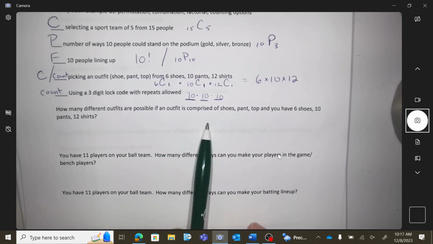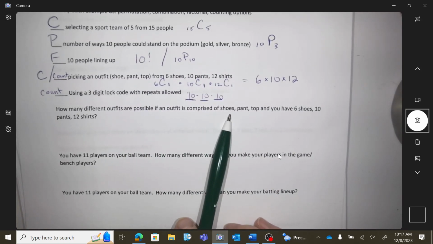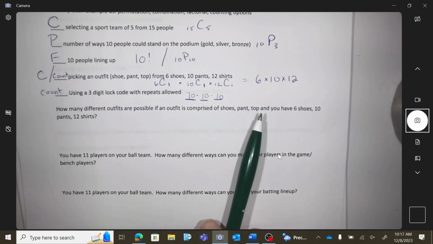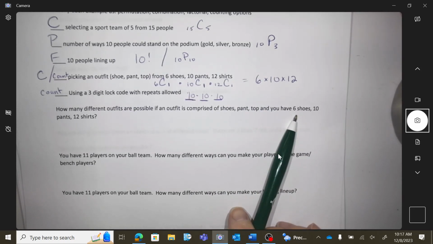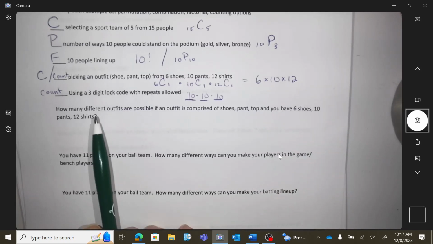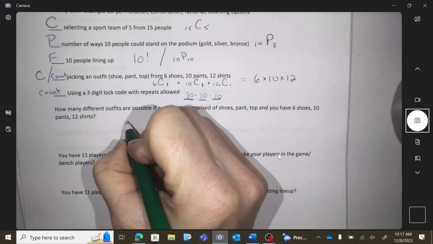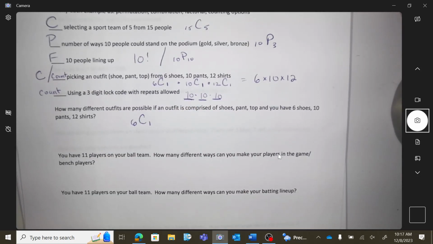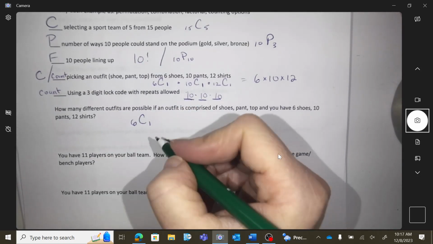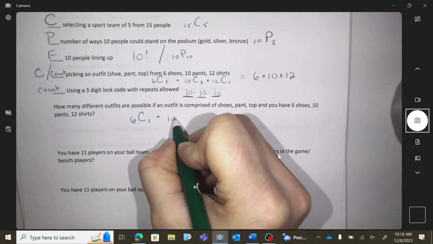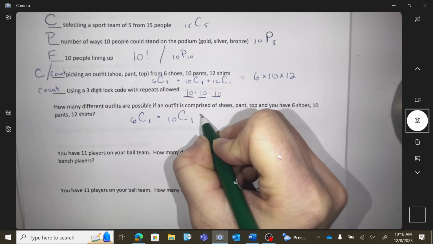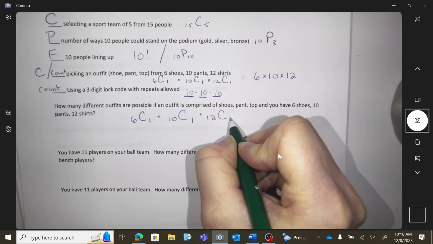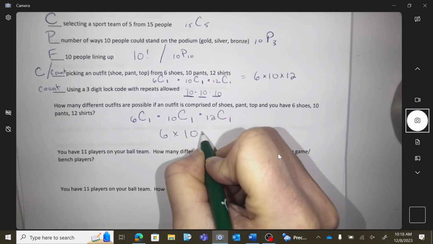Okay, so how many outfits can you make if you have to be putting on 1 shoe, 1 pant, 1 top? You have 6 shoes to choose from, 10 pants for options, and 12 shirts. So again, we did this before, so we have 6 shoes, and you're going to have to choose one of them. You have 10 pants, and you're going to have to choose one, 12 shirts, and you're going to have to choose one.